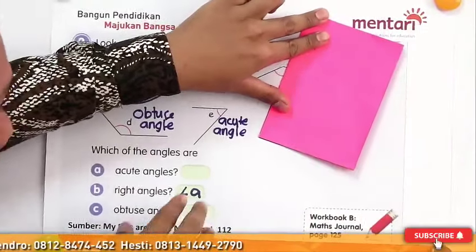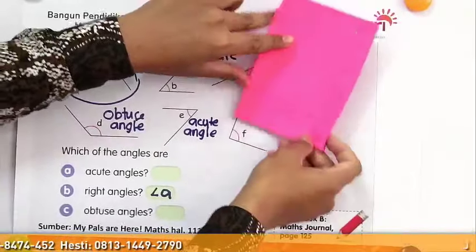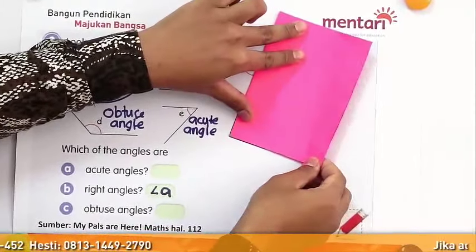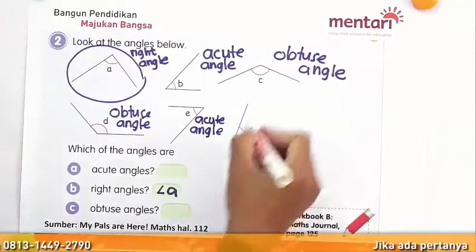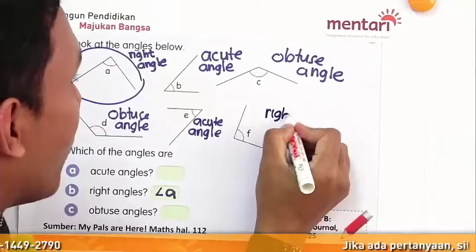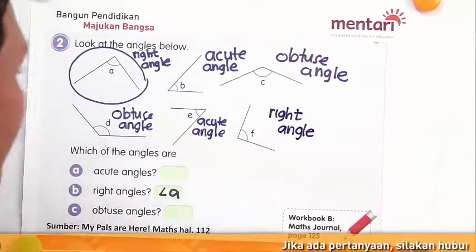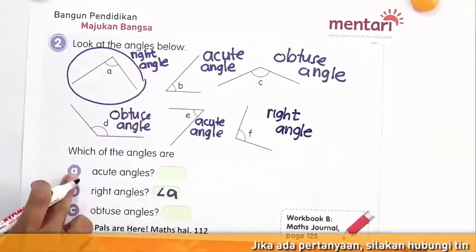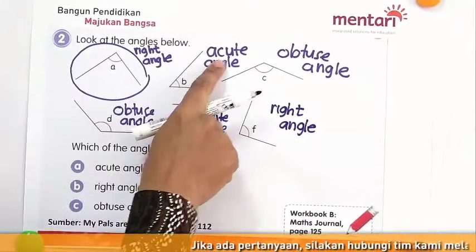We just place the folded paper on angle F. You can see? Yeah, this is a right angle. And we have done all. Now let's list down and answer this question, yeah? Which ones are acute angles?